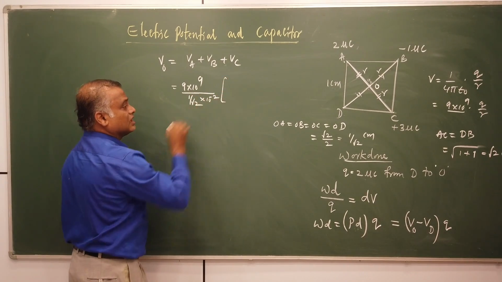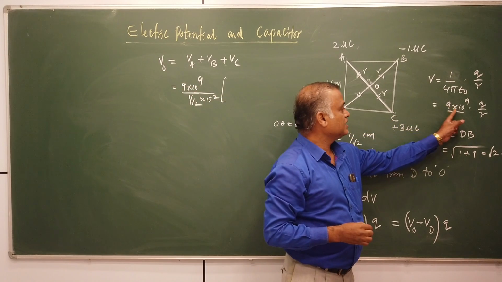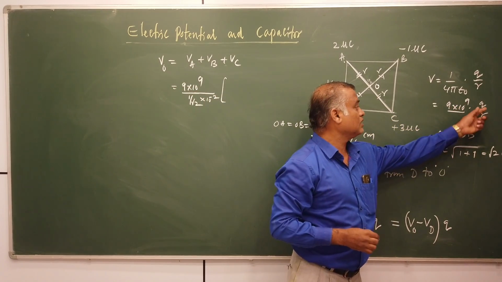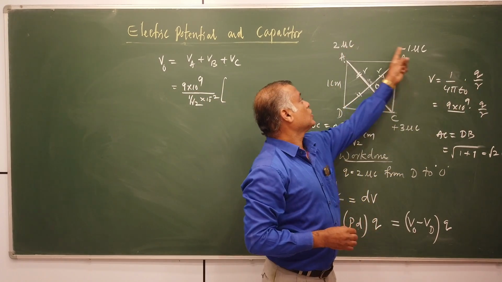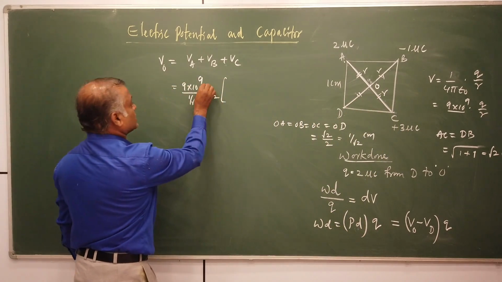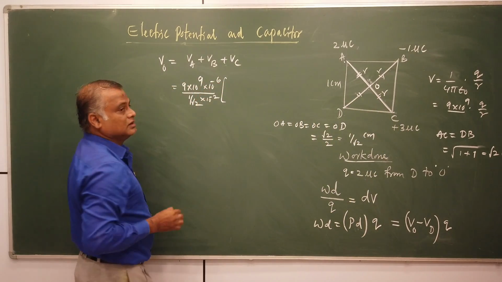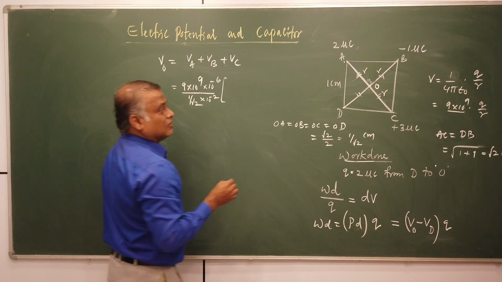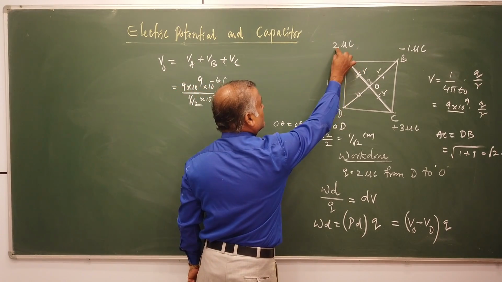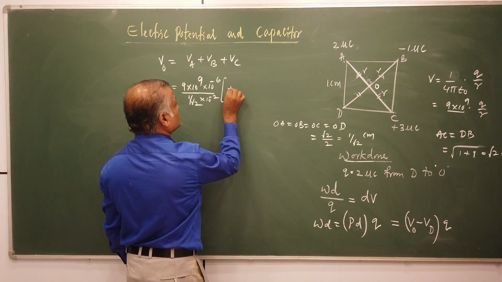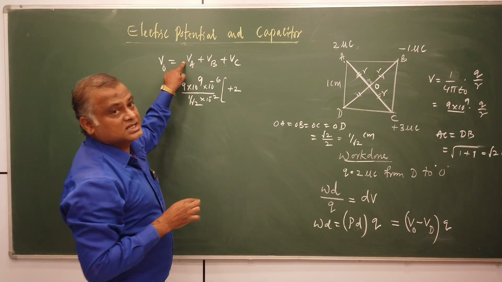What is left now? I have taken 9 into 10 raised to 9 divided by R. And one more: in charge, micro is there, so 10 to the power of minus 6. What is left now? Only the magnitude, that is 2 plus 2. Potential is a scalar.